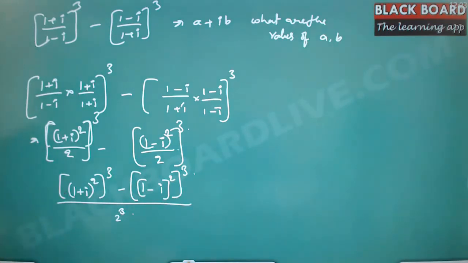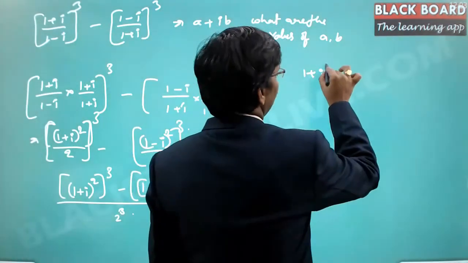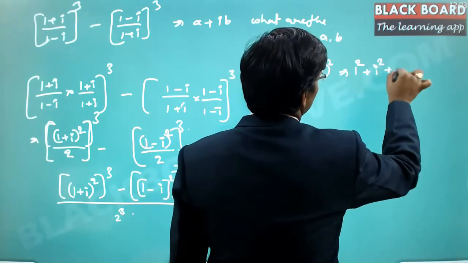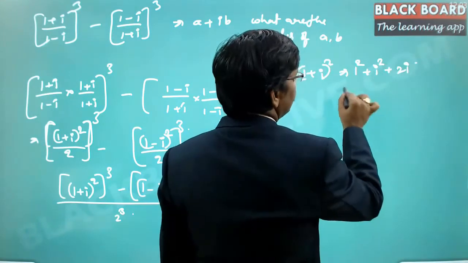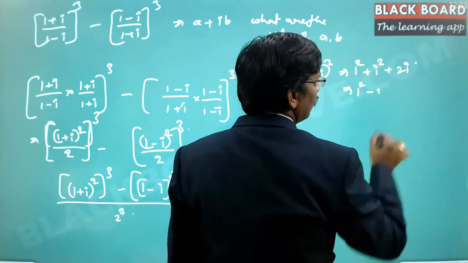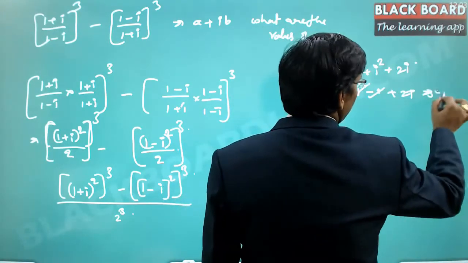Now here, if you notice, 1 plus i whole square, if you expand it, is equal to 1 square plus i square plus 2i. And 1 square plus i square is minus 1 plus 1, so these two will cancel out. This is simply 2i.